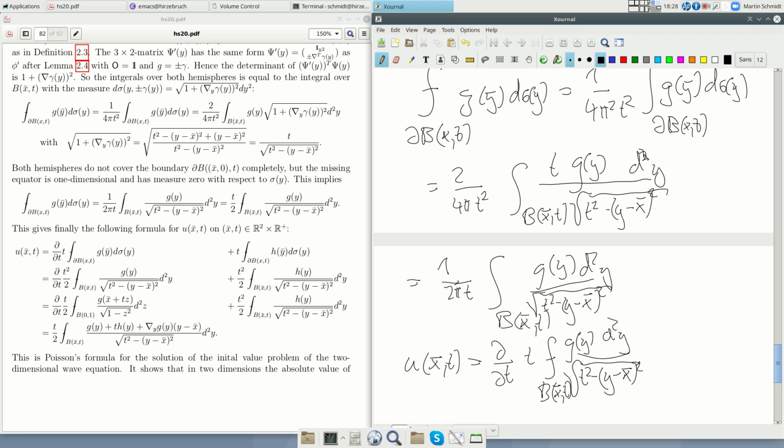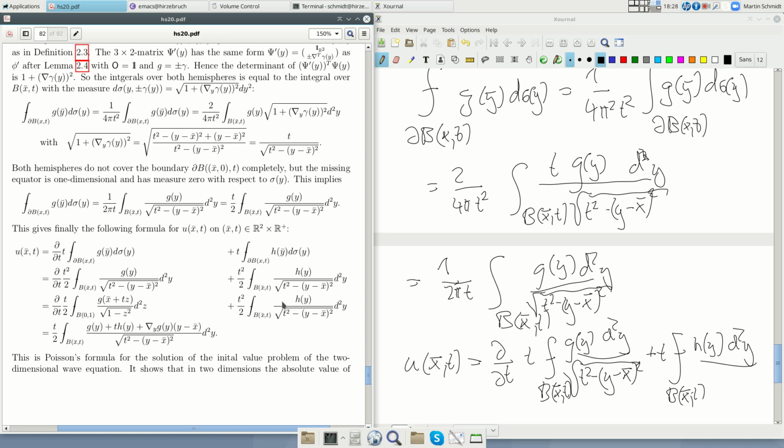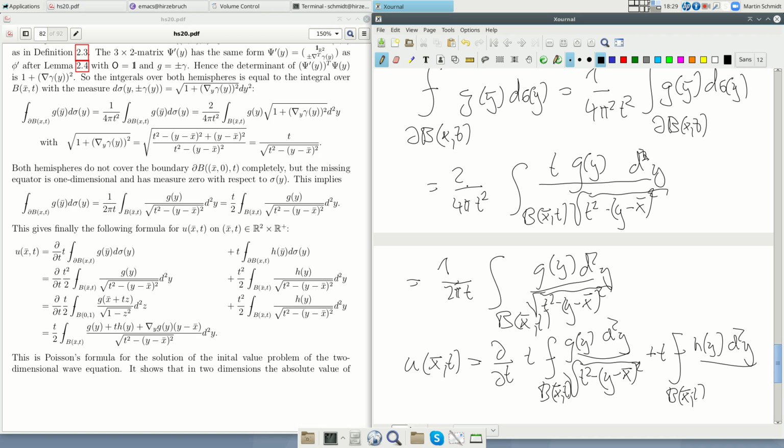two-dimensional ball, plus t, again two-dimensional ball, h of y d2y, and again this formula times t.